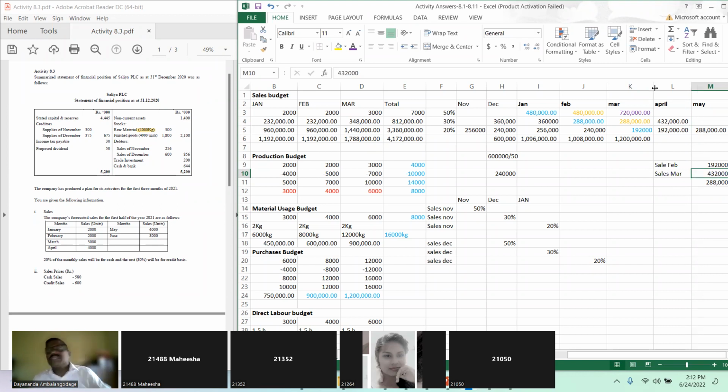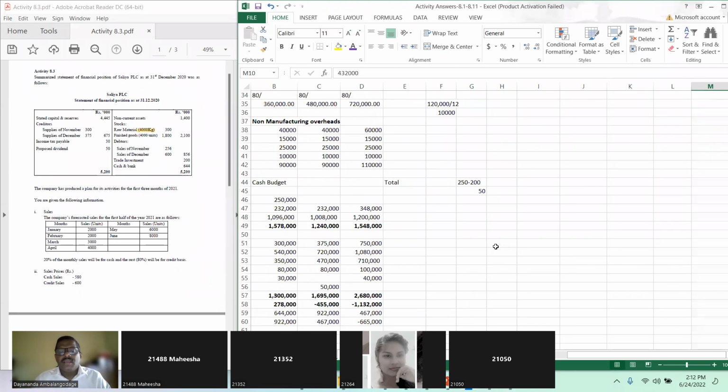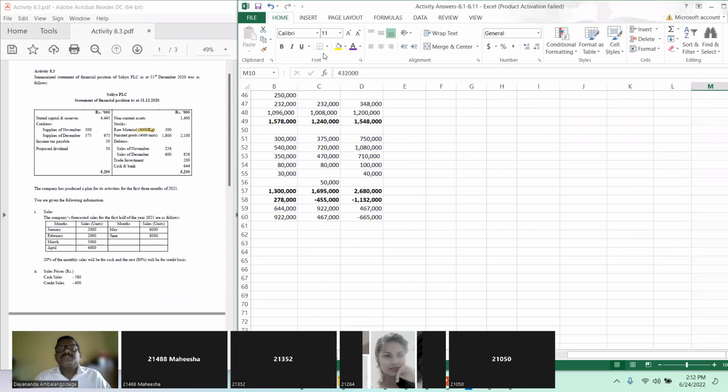When you prepare the balance sheet 31st March 2021. I hope that you got it, but just prepare a table and just do some work, then you can understand there is no big thing. It's easy. Okay. Right.